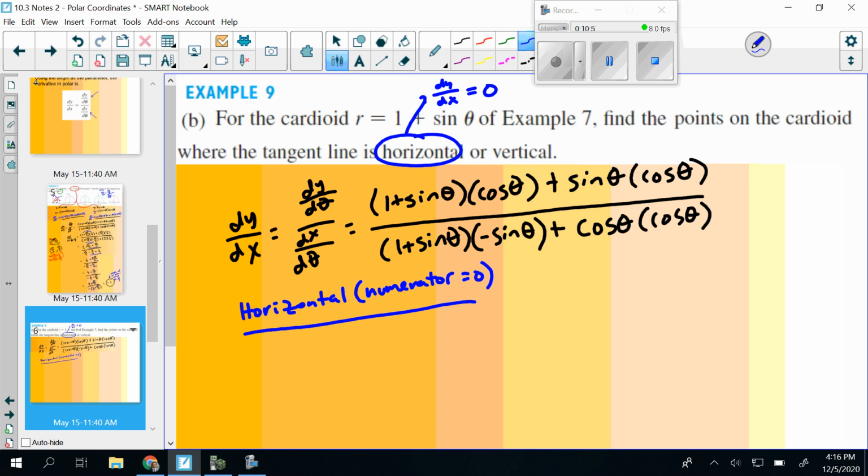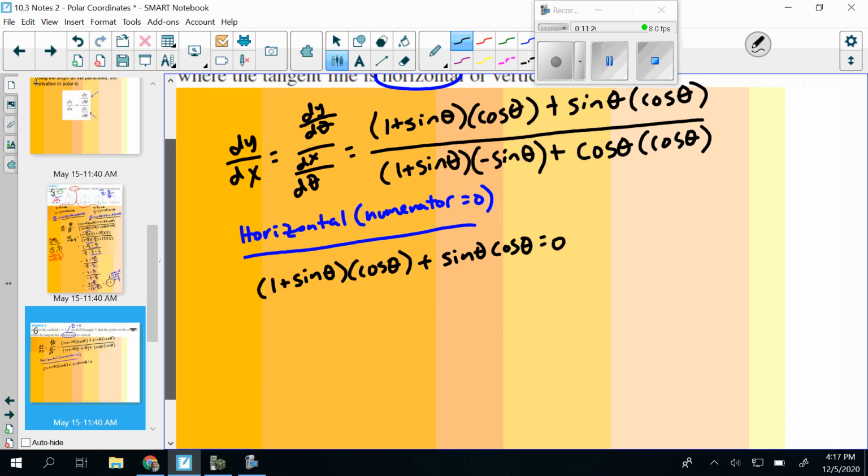So what we want to do here is take that numerator, set it equal to 0, and solve it out. So if we put that numerator equal to 0 here, that's going to be 1 plus sine theta, cosine theta, plus sine theta cosine theta equals 0. So let's see if we can solve this out here.